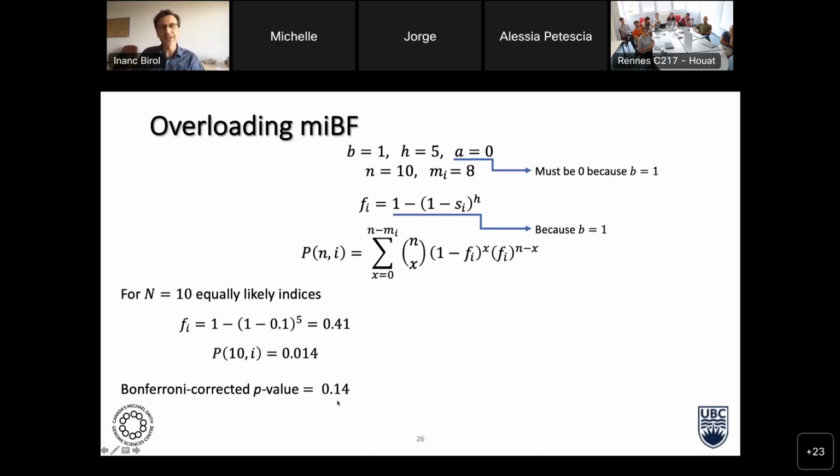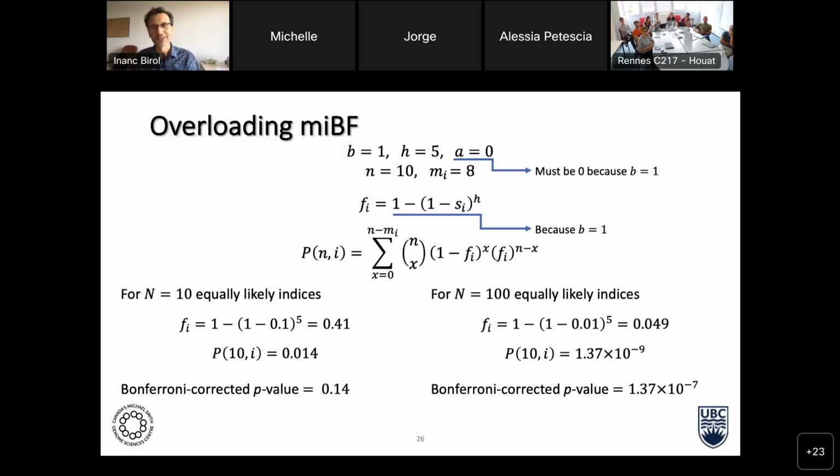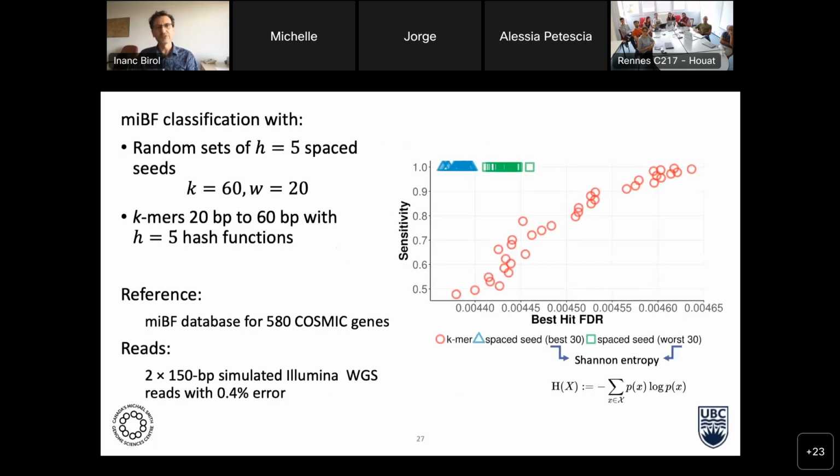But if we have more indices, so let's say 100 equally likely indices, the Bonferroni corrected p-value is going to collapse to the order of 10 to the minus 7. So that's good. And one of the frequent questions that we receive is how do we design those spaced seeds?